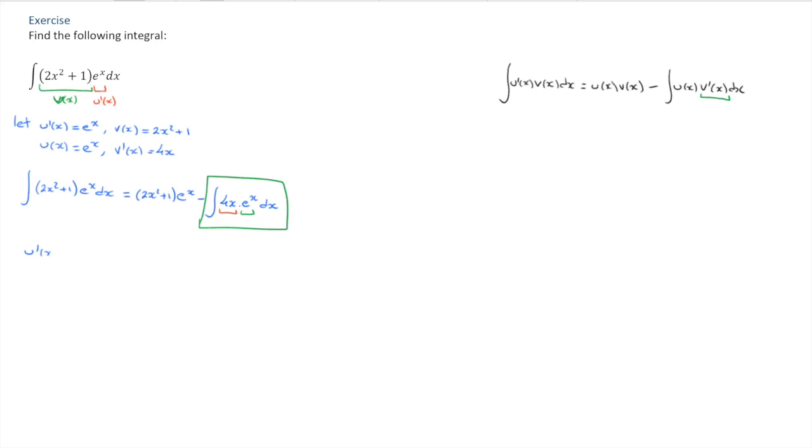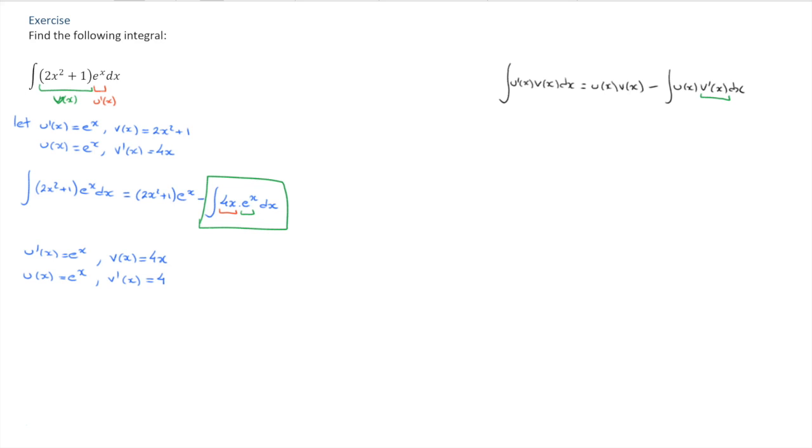u dash of x equals e of x, and v of x equals 4x. Therefore, u of x equals e of x, and v dash of x equals 4.